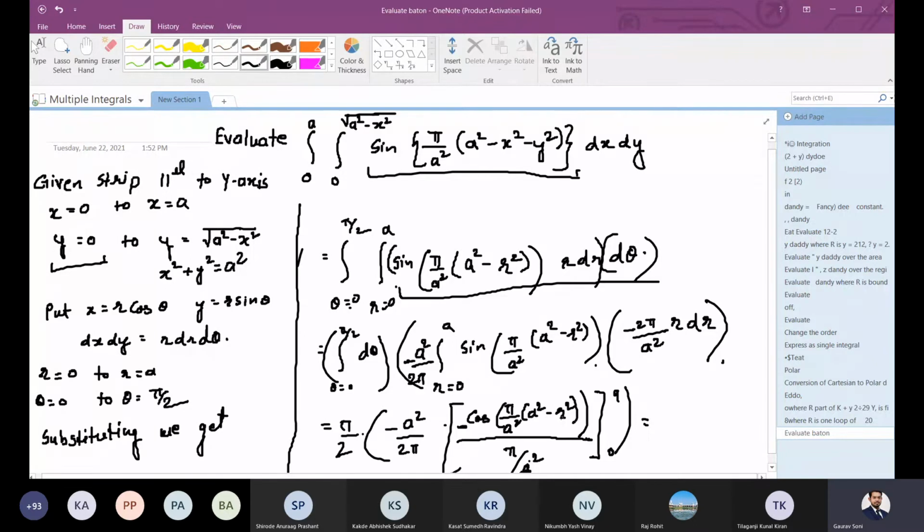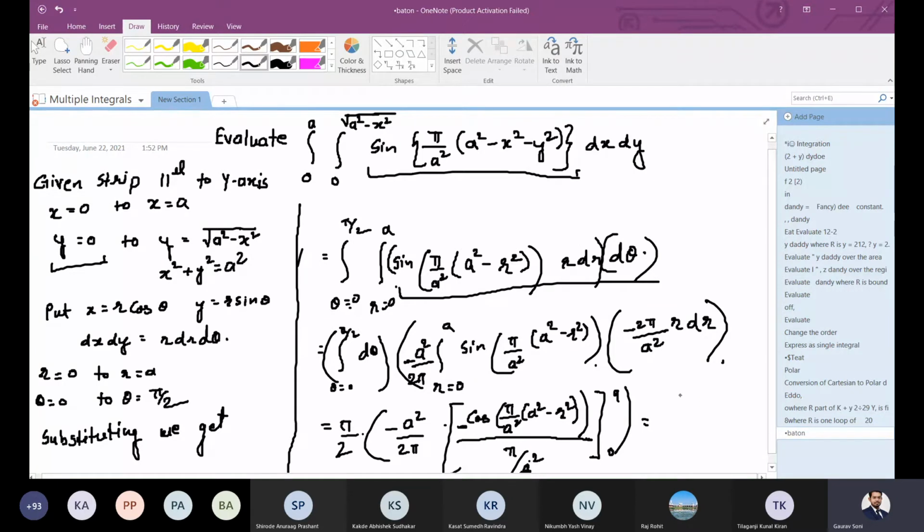So if you put the upper limit a square minus a square, you can see that the answer is going to be 0. When you put the lower limit 0, what we will have is a square will get cancelled out, cos pi will become minus 1, cos pi is minus 1, minus minus gets cancelled out.